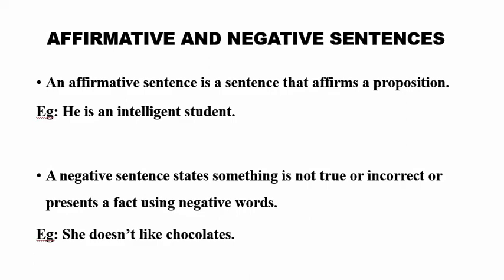Such sentences can be considered as negative sentences as they are presenting a fact using negative words. This is a basic concept we'll have to know while learning the transformation of sentences. So what we'll be doing is transform a positive sentence or an affirmative sentence into a negative sentence and vice versa. The same in return also.